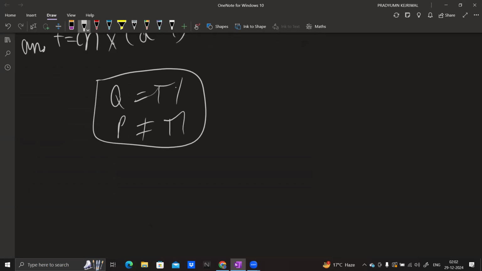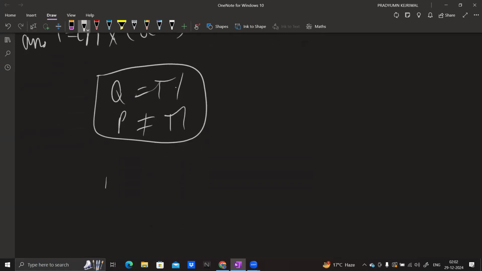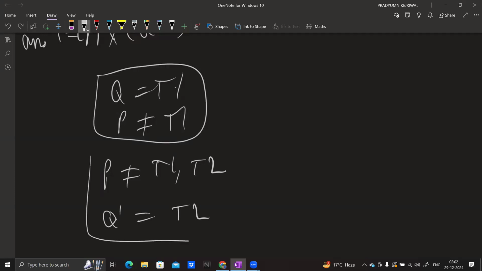And then another case that we had was that P is not equal to type 1, type 2, and Q dash equals to type 2. So basically, we calculated the answer for these two cases and we added them.